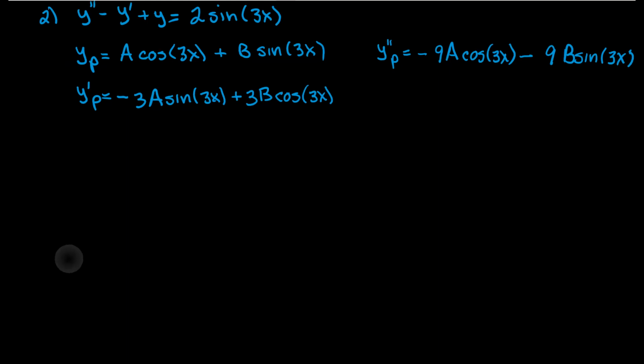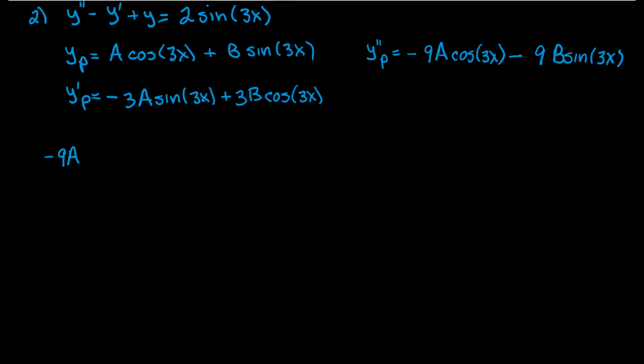All right, so substituting these into the equation that we started with, we're going to wind up with, for the y double prime, minus 9a cosine of 3x minus 9b sine of 3x. Then, for the y prime, be careful, we got to subtract. So as I introduce each of the terms from the derivative, I'm going to also apply a negative. So this is going to become plus 3a sine of 3x minus 3b cosine of 3x.